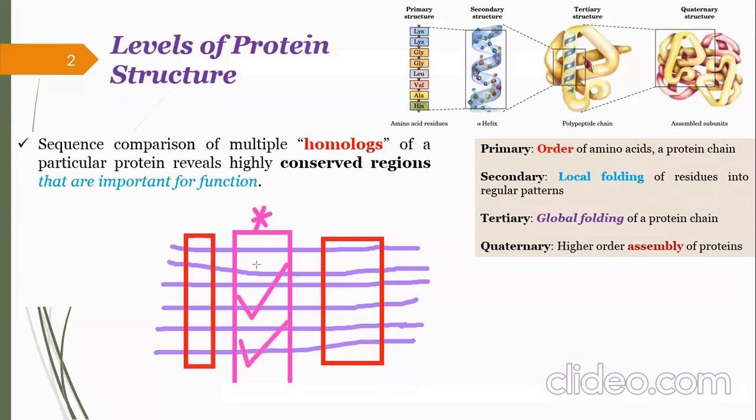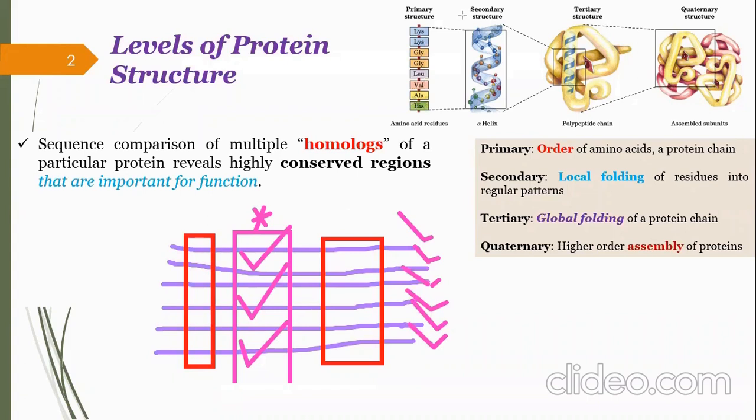Nature has kept this region conserved and changed the remaining sequence. So this is now the conserved region. And how do I determine this region? By aligning multiple sequences of the same homologs. So I align them, and by aligning these sequences, I get to know the conserved regions within these sequences.